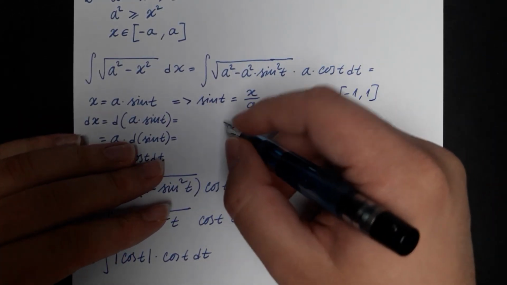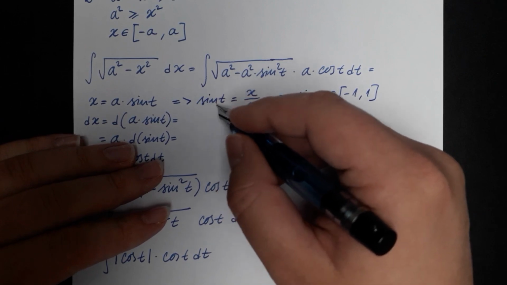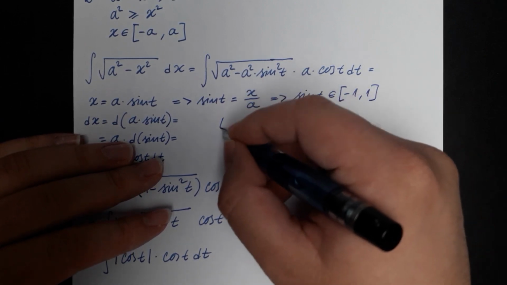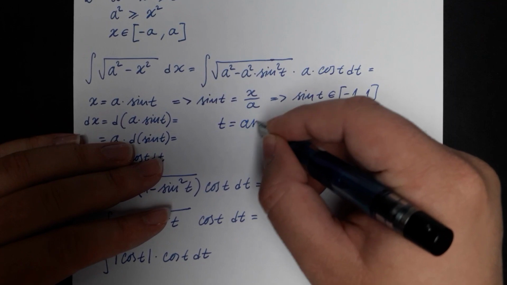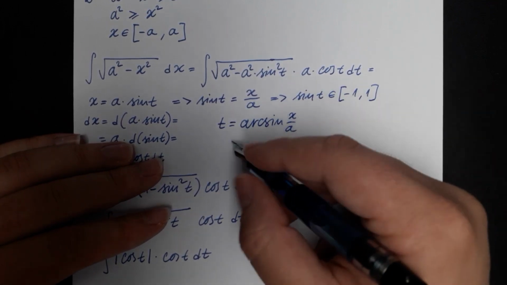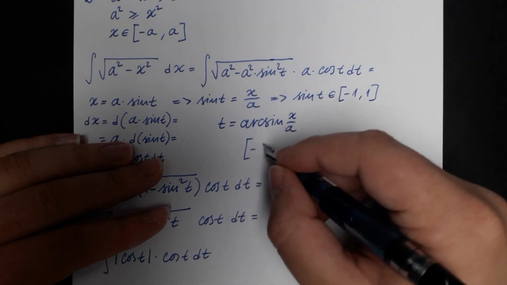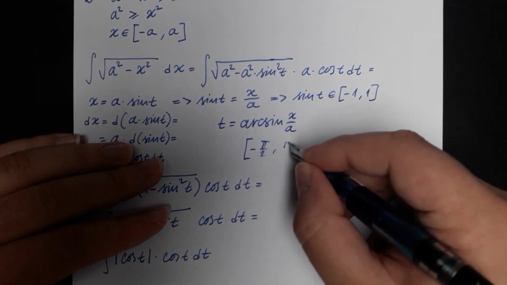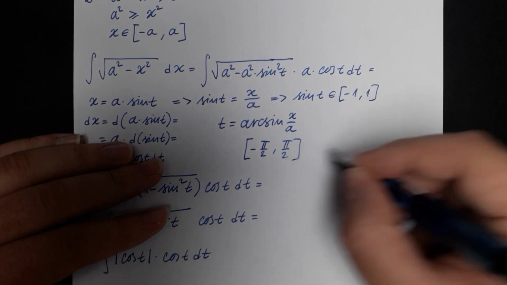Now this is the fun part. Since sine of t is equal to x over a, that means that t is arcsine of x over a. And arcsine function is defined on an interval from minus pi half to pi half.